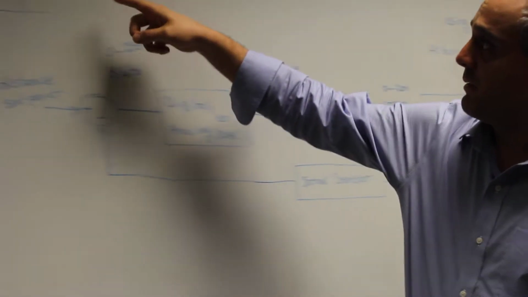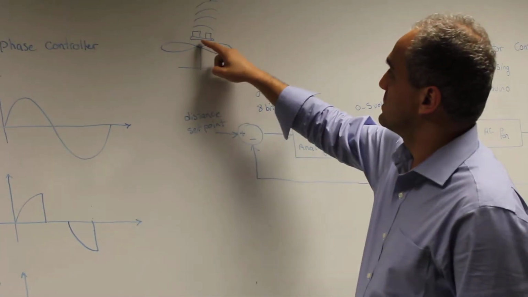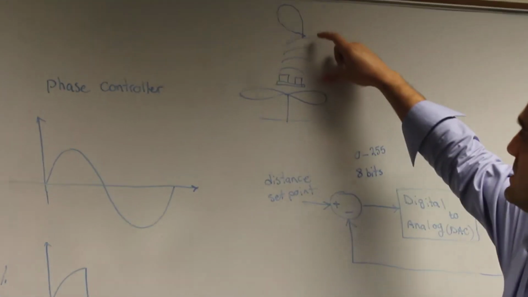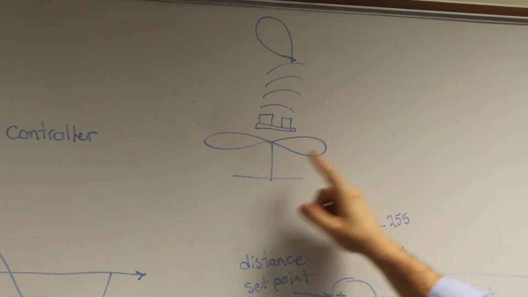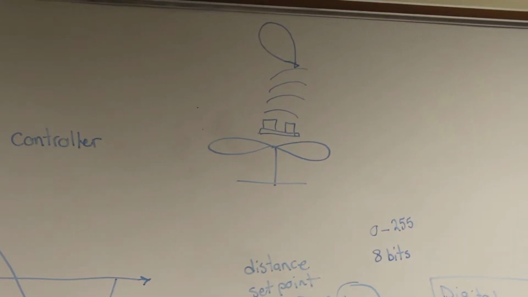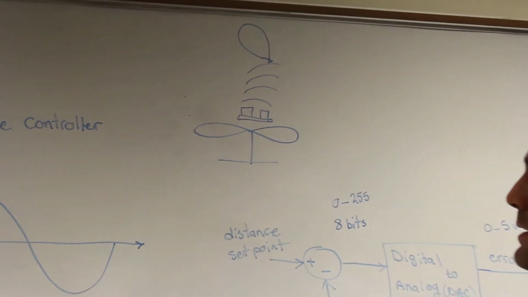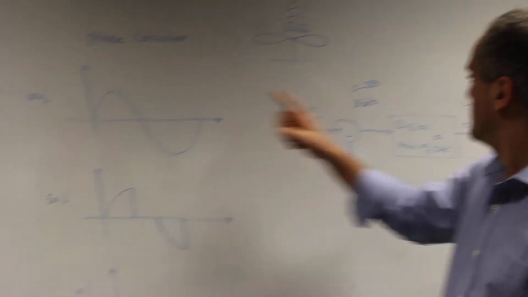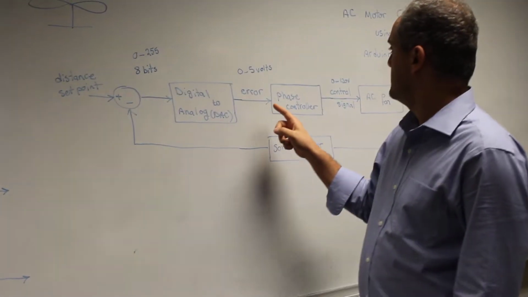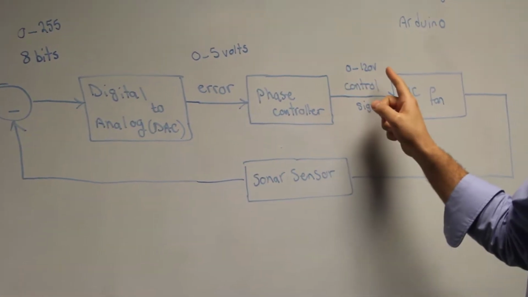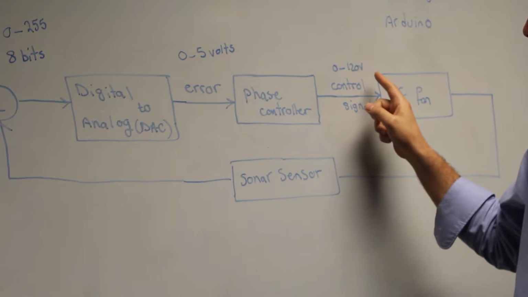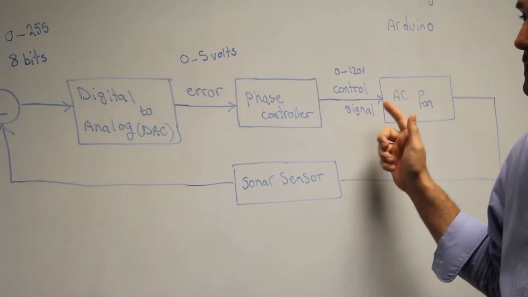This is a simple diagram. We have the fan here, and a sonar sensor on top of it, and then we measure the distance. We would like to control the balloon distance above the fan by controlling the speed of the fan. The way the phase controller works, it receives 0 to 5 volts and converts it to a 0 to 120 volt AC signal, 60 hertz.